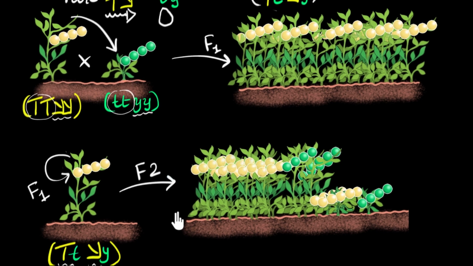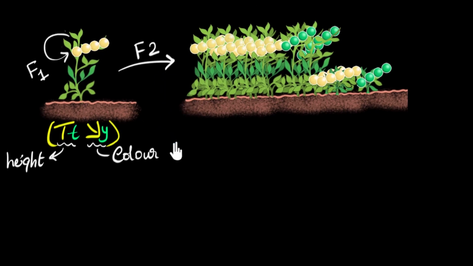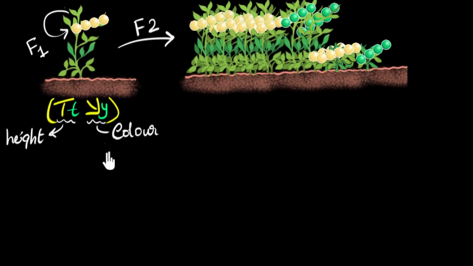So let's now look at the sperms and the eggs of this particular plant. What could be the different possible sperms that this plant might get? Let's first assume that they were packaged together. The genes of the dad and the genes of the mom were packed together. What would have happened? Well, let's see.